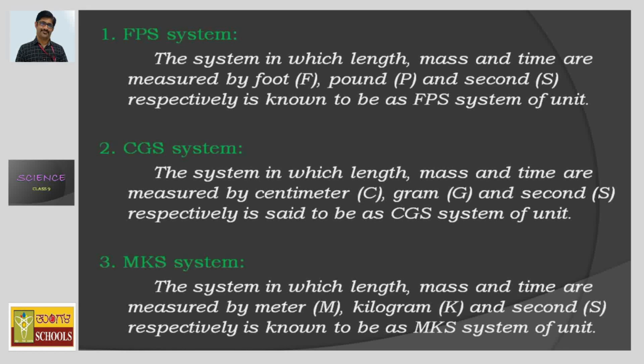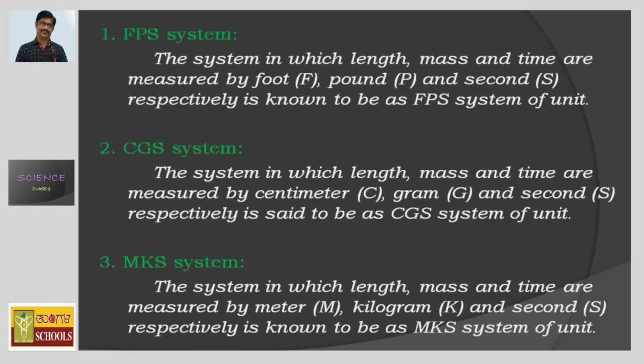I hope you are following these points. So the FPS system means the system in which the fundamental physical quantities, length, mass and time, are measured by foot, pound and second respectively.